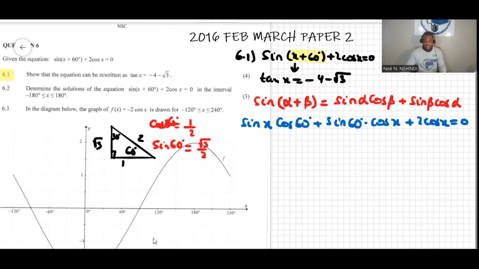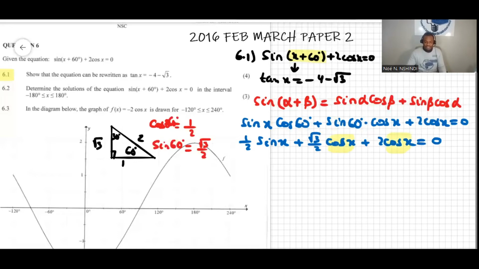Cos 60 degrees is 1/2, so it's going to be 1/2 times sin x, plus sin 60 degrees, which is √3 over 2, times cos x, plus 2 cos x equal to 0. Now, we have like terms with cos x, so these two can be combined.